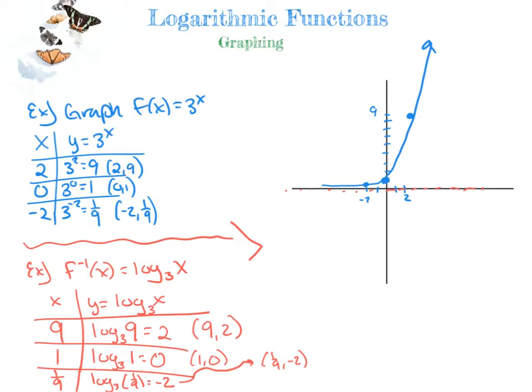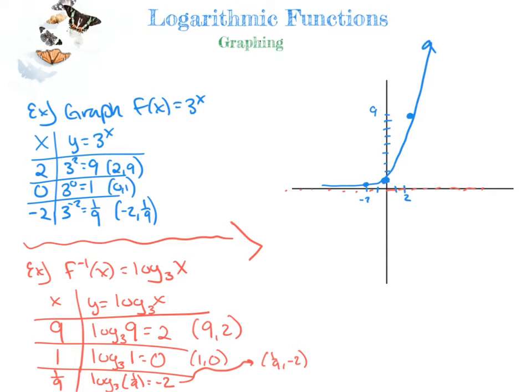If the ordered pair (2, 9) is on the regular function, the ordered pair switching the x's and y's is on the inverse function. If (0, 1) is on f of x, then (1, 0) is on f inverse. And finally, if (-2, 1/9) is on the regular function, then (1/9, -2), switching the x's and y's, is on the inverse function.